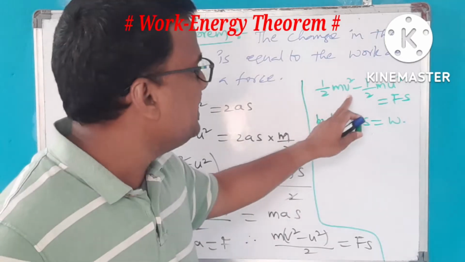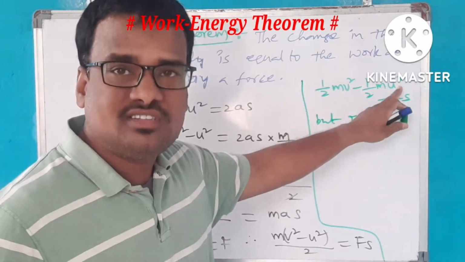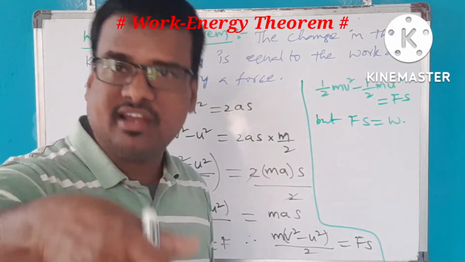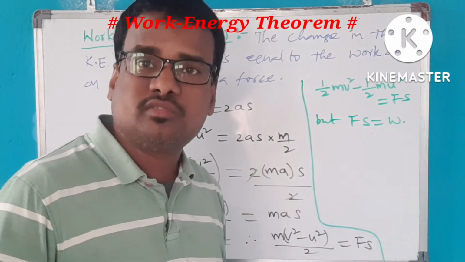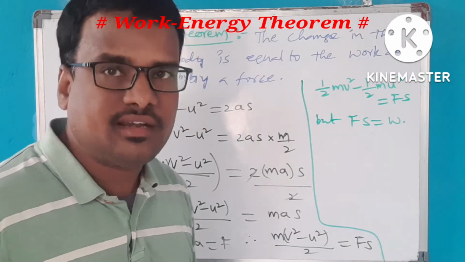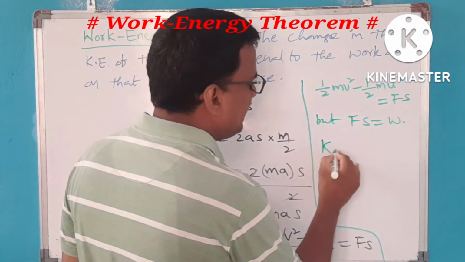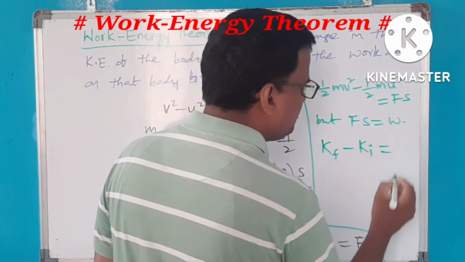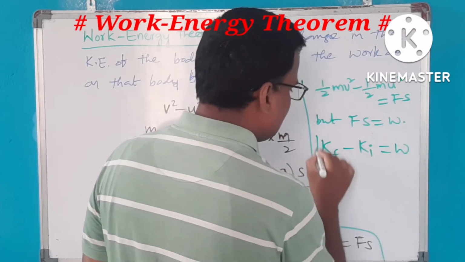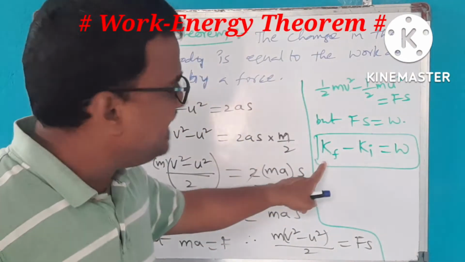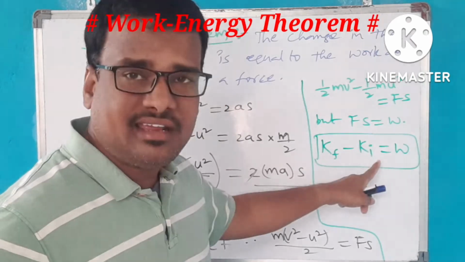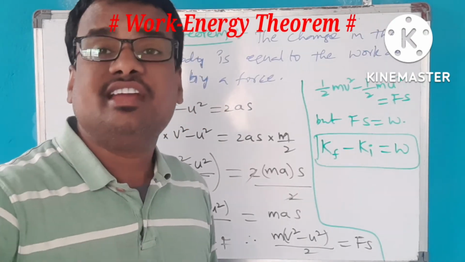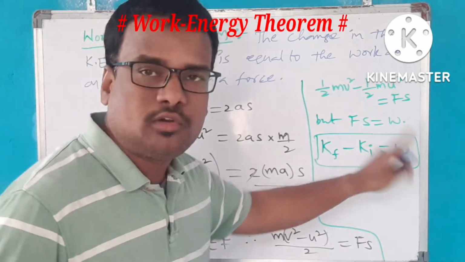Here v is the final velocity and u is the initial velocity. So half mv square is the expression for final kinetic energy and half mu square is the expression for initial kinetic energy, right? So Kf minus Ki, final kinetic energy minus initial kinetic energy, that means change in kinetic energy, is equal to work done.